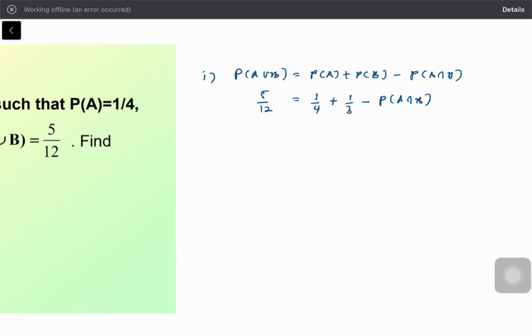So the probability of A union B equals the probability of A plus the probability of B minus the probability of A intersect B. We have P(A) as 1 over 4, plus P(B) equal to 1 over 3, minus the probability of the intersection, which is what we're looking for, and A union B is 5 over 12. By simplifying and calculating all of this, we're supposed to have the probability of A intersect B equals 1 over 6.